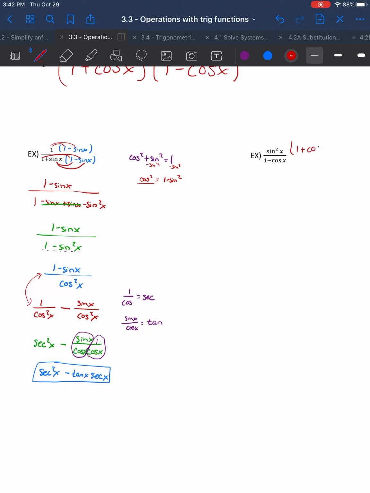Let's work another one. We're going to use conjugates again. So my denominator is 1 minus cosine, so my conjugate would be 1 plus cosine.